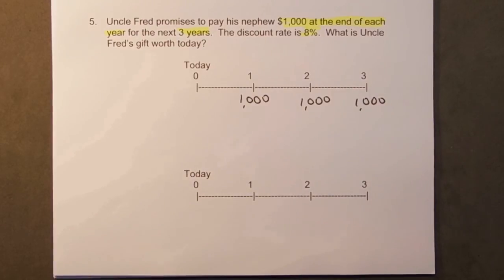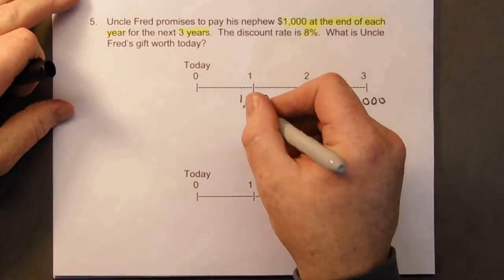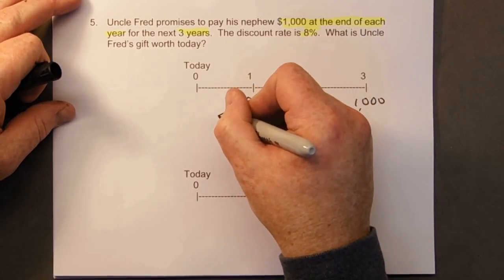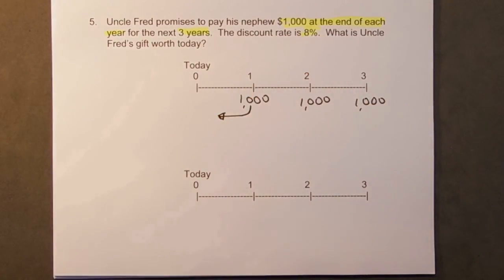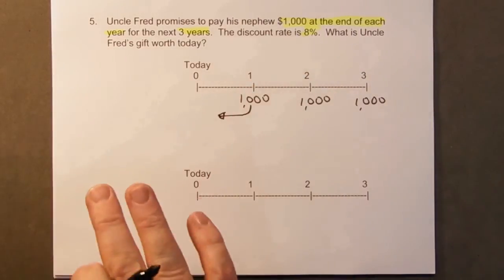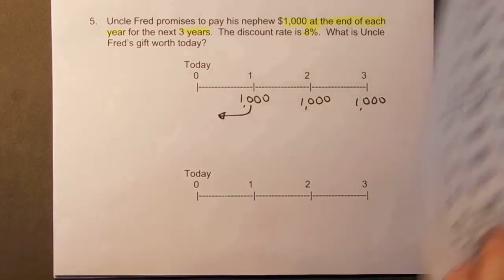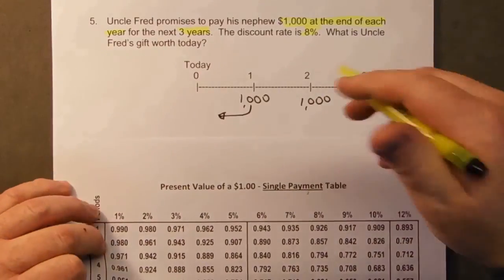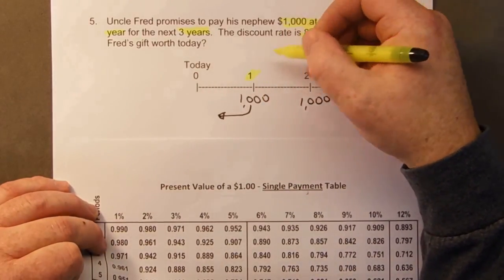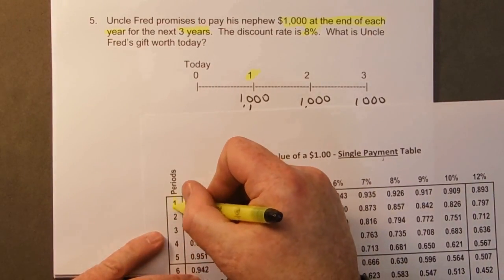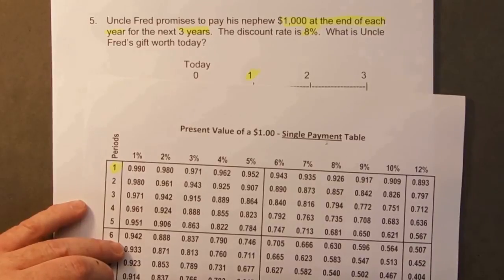Well, we should probably do these in order. Let's take this first one. Bring this back to today. Now notice this is only one period out. The first payment's going to be within one period from now, a year from now. So we go to our table. 1 period, 8%.